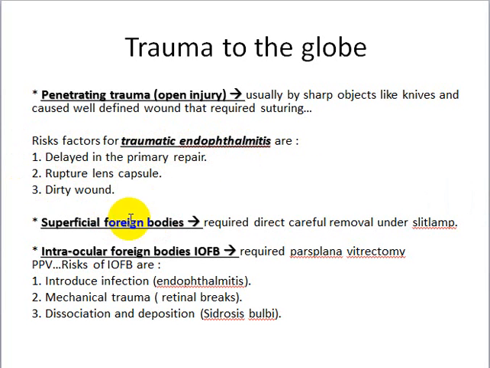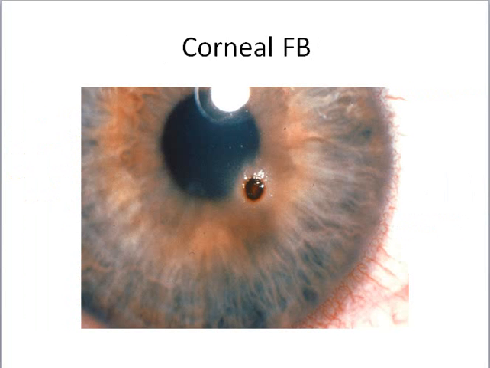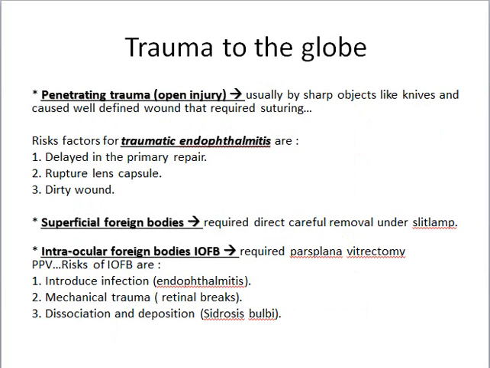Other type of trauma is superficial corneal foreign body, like this picture, which may require removal under slit lamp. Other type of trauma also is intraocular foreign body. There is a superficial foreign body and sometimes there is intraocular foreign body, which may require pars plana vitrectomy.